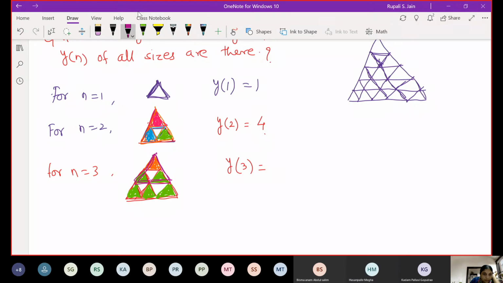Then this one, this two, and that bigger one. And the original one.